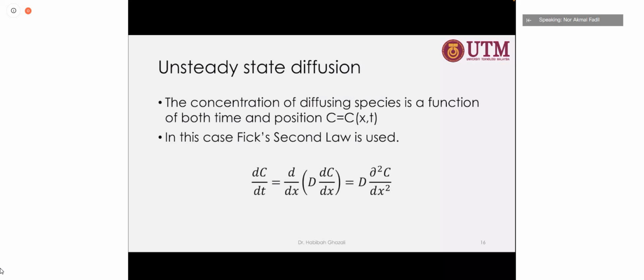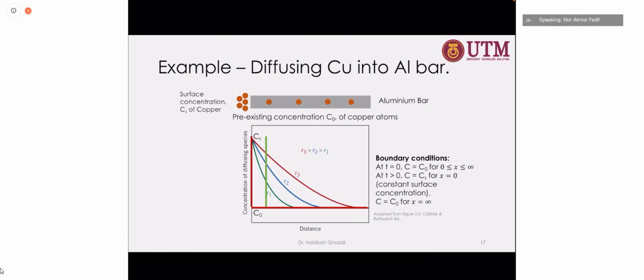Fick's first law and second law are different in terms of the parameter. The second law considers time, where the diffusion behavior at time 1 and time 2 is different.